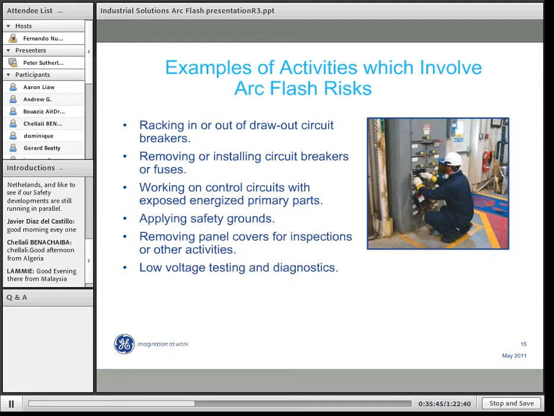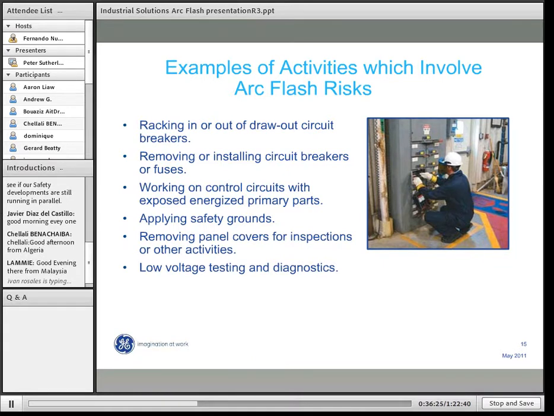Now, control circuits are normally low voltage and low current, like 120 volts and less than 5 amperes. But you'll have a control power transformer that may be connected to high voltage, and so that means that you have to treat the circuit as a high voltage electrical hazard and take the appropriate precautions and wear the right protective equipment.